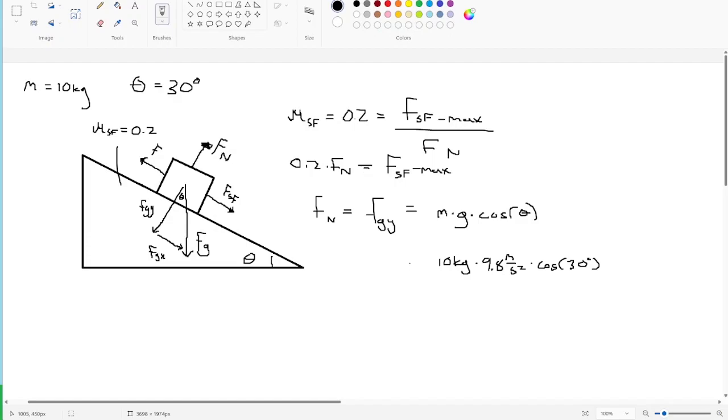So the force normal is going to be equal to this, which is equal to 84.87 newtons.